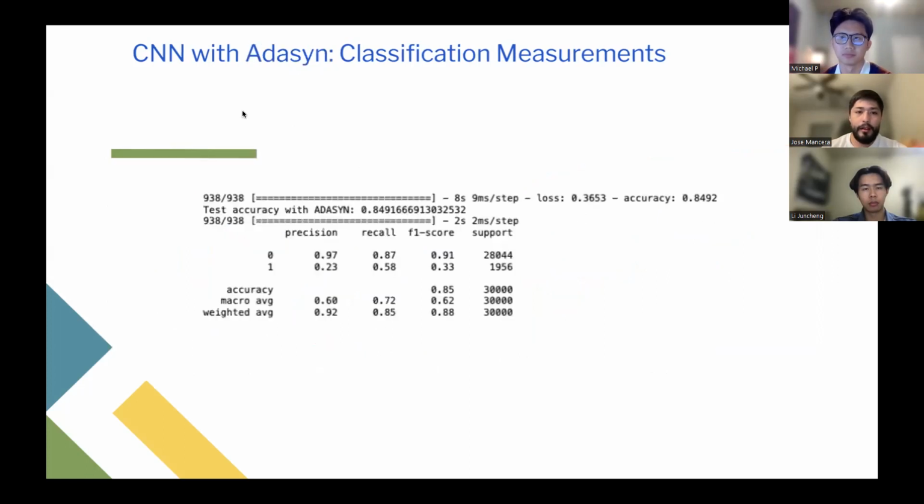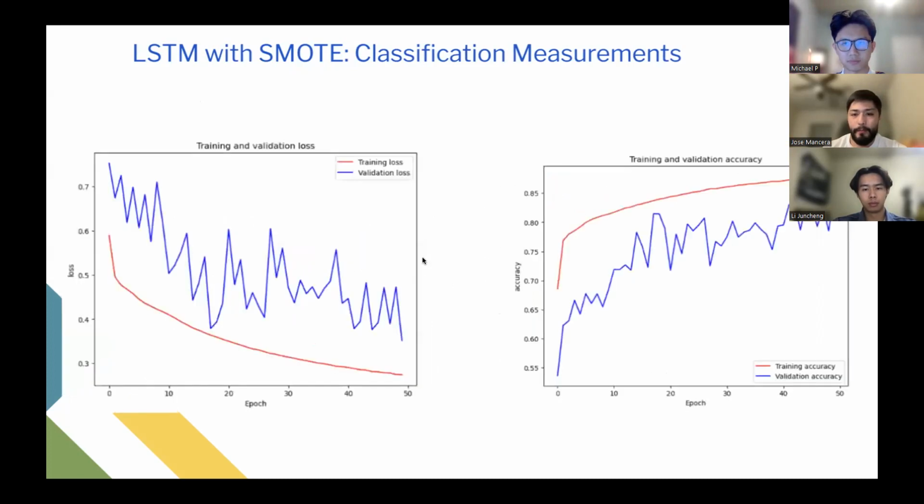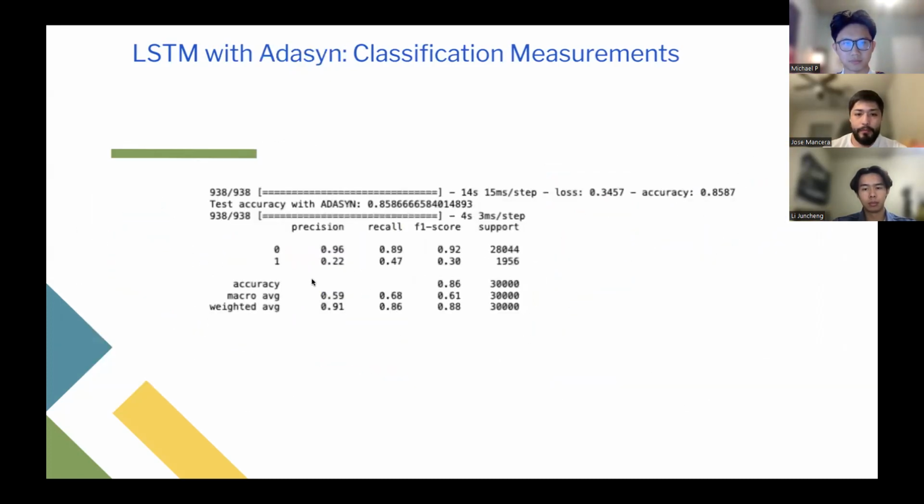And then with the other sampling method, again, pretty similar to the one before. I would say this one did perform a little bit worse, but the accuracy went down as well. And then with the LSTM model, again, the scores were all really similar, as we'll see.